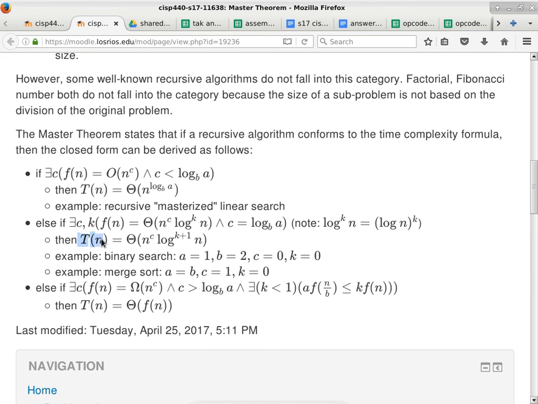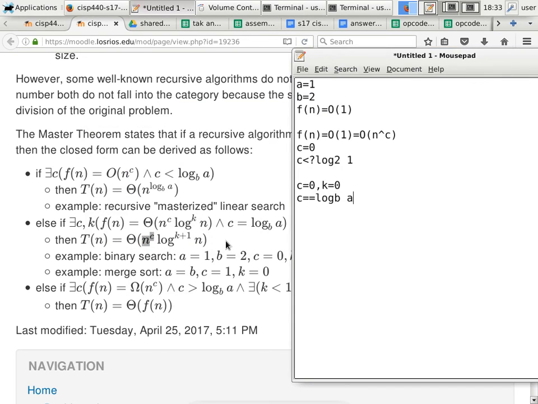So as a conclusion, we know that the time complexity of the binary search algorithm is big theta of n to the power of c times log n to the power of k plus 1. That doesn't look like log n at all, which is what we want, right? But let's plug in all those numbers and see if it works. So we have T of n equals big theta of n to the power of 0, because c is 0, and then log n, the whole thing to the power of 1, because k is 0, and k plus 1 is 1.